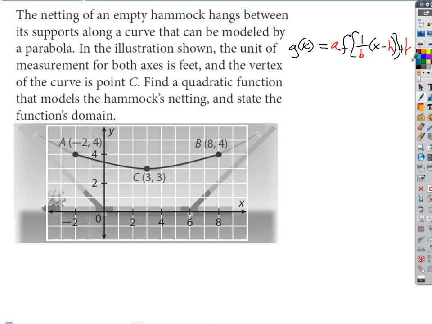Let's think about this in terms of the number of parameters required to define different types of functions. How many parameters are required to define a line? 2. Parameters are numbers that we can dial in to specify a line.